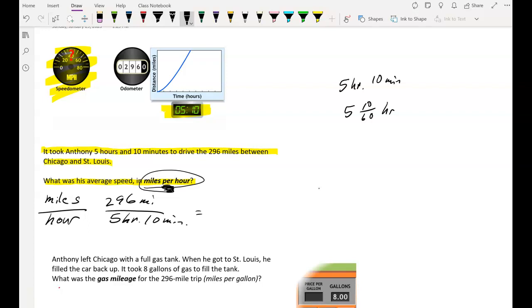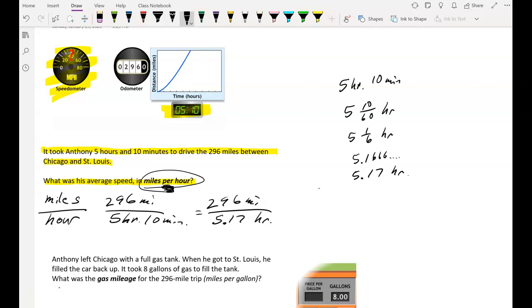We can simplify that into 5 and 1/6 hours, and even further, let's change it into a decimal. That would be 5.1666 repeating. We're just going to change that into 5.17 and call it good.